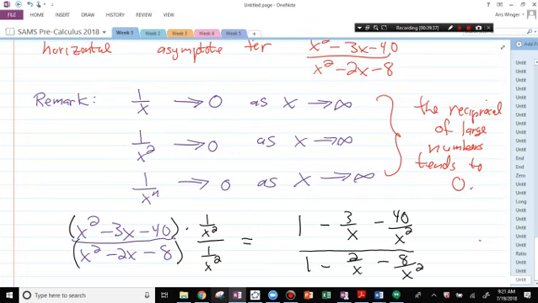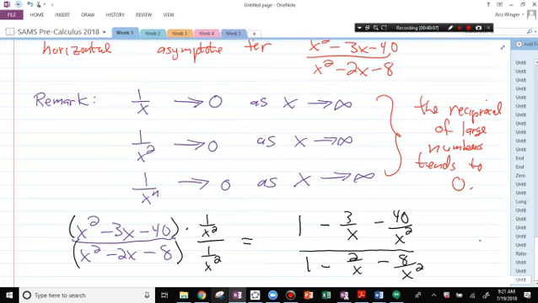Now this is equal to this. Looking at it in this way, what happens to this when x is really large? 3 over x, when x is larger, gets really small.